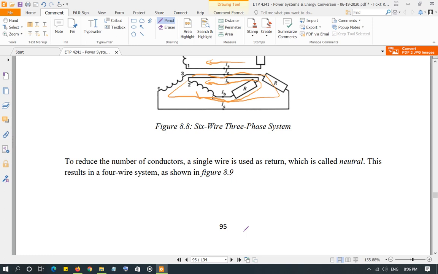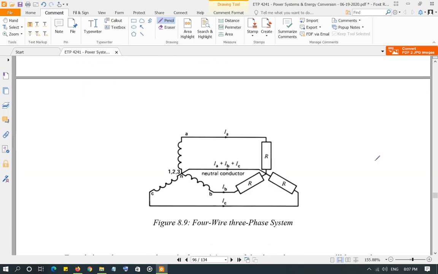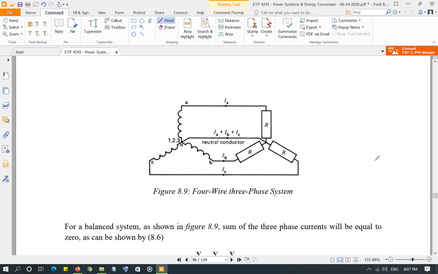Since the wire in which your current is returning is a single conductor which can carry all three currents, instead of using multiple return wires, we use a single return wire and we call it neutral. And we have a three-phase four-wire system like this.